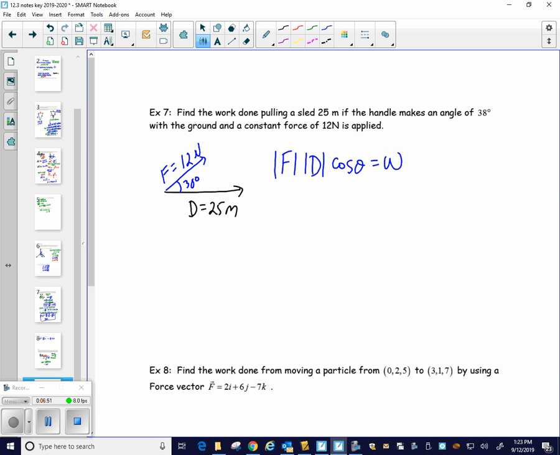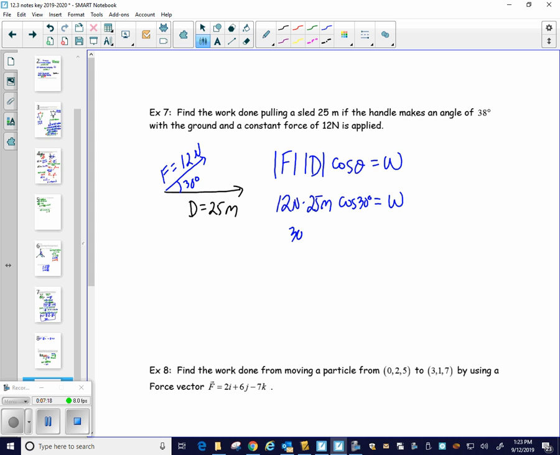Magnitude F is 12 newtons, the distance is 25 meters, and the angle was 30 degrees, so cosine of 30 degrees equals the work done.